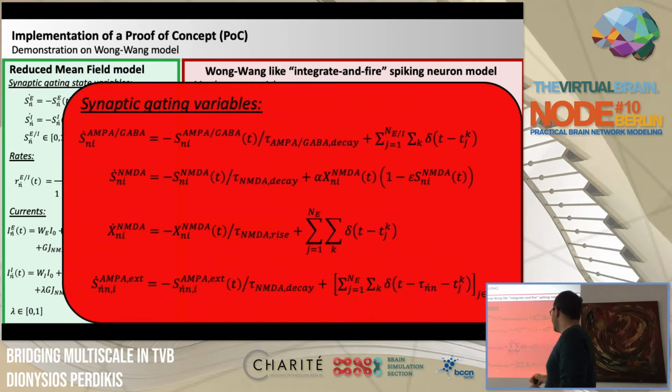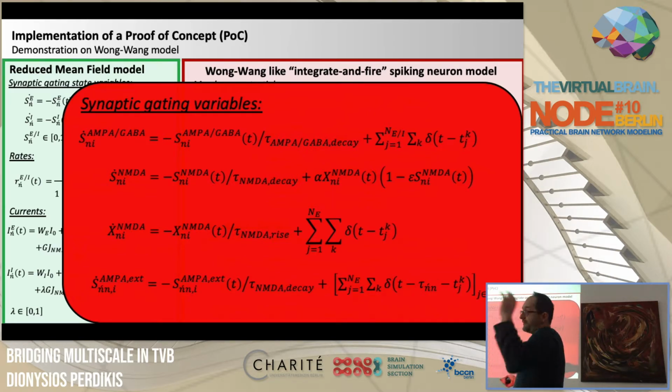The same goes for the AMPA synapses that are receiving spikes from different brain regions. And notice that these are as many as the brain regions. So if we have 100 brain regions in our connectome, for each neuron, for each region, we have 99 such synapses that come from the rest of the 99 brain regions.